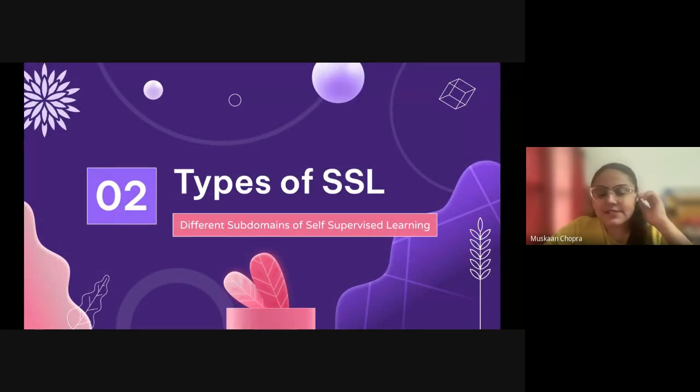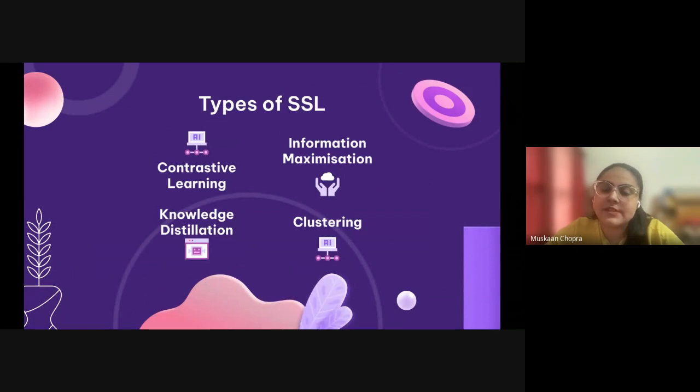So, types of SSL. There are four major categories of self-supervised learning. The first one is contrastive learning. Second is information maximization. Third is knowledge distillation. And the fourth one is clustering.